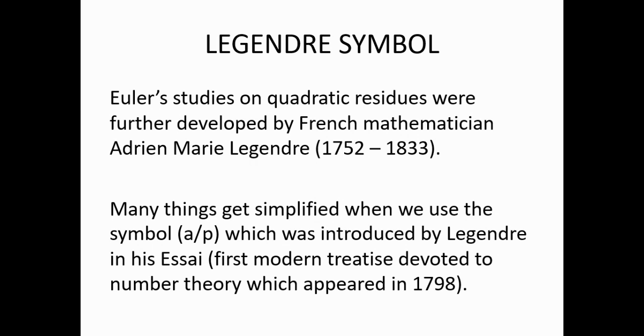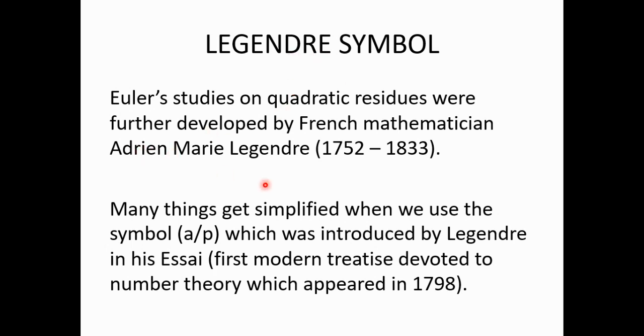Let us know something about the Legendre symbol, how it started. As the name suggests, the symbol was first introduced by Legendre. So let us read something which formed the basis for this Legendre symbol.